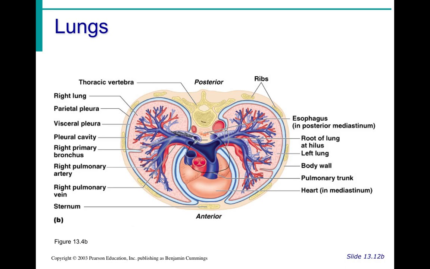Notice all of the blood vessels in here parallel the bronchial tubes because they lead to the air sacs, and they have to surround those air sacs so that the arteries can bring the blood that is oxygen deprived to the lungs, and the veins can take it back to the heart. So notice your heart is right here, and your sternum is out here. The diaphragm is down below.